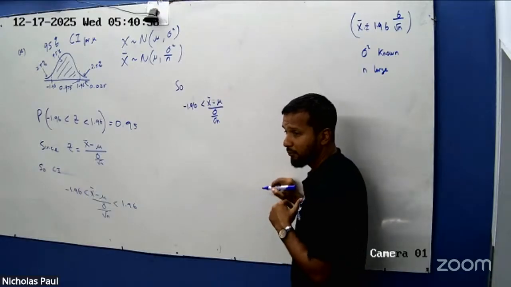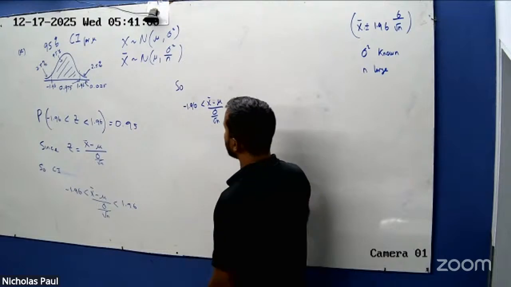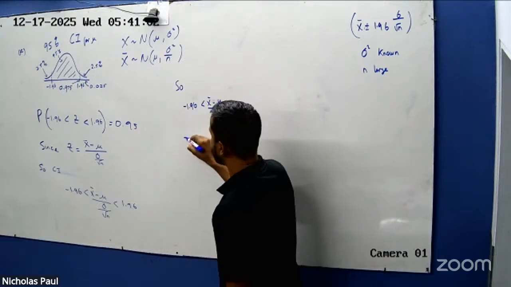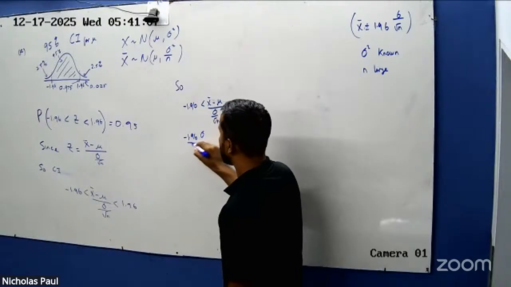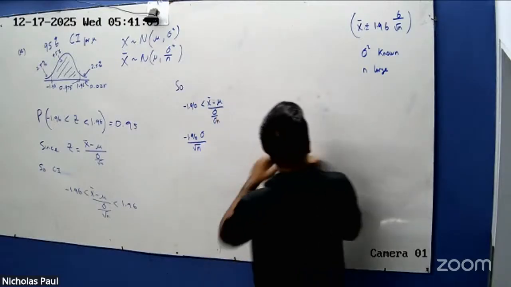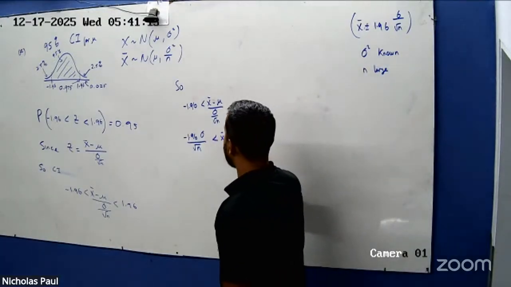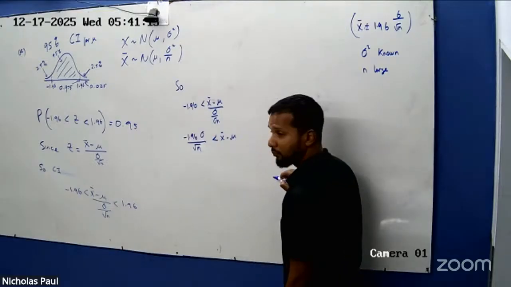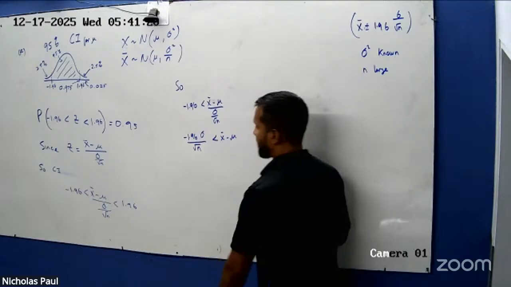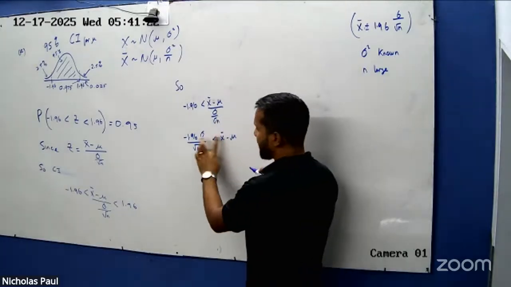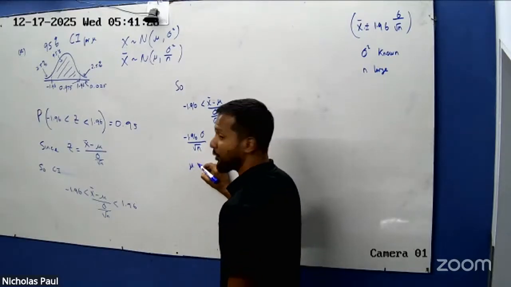That's okay? So if I were to move across everything, let's move it on this side. I'll get minus 1.96 sigma all over root n. So you might see it coming together a little bit. It's less than X bar minus mu. So let's carry across X bar. Actually, let's switch everything around. Let's put this on this side, so I'll get positive mu.